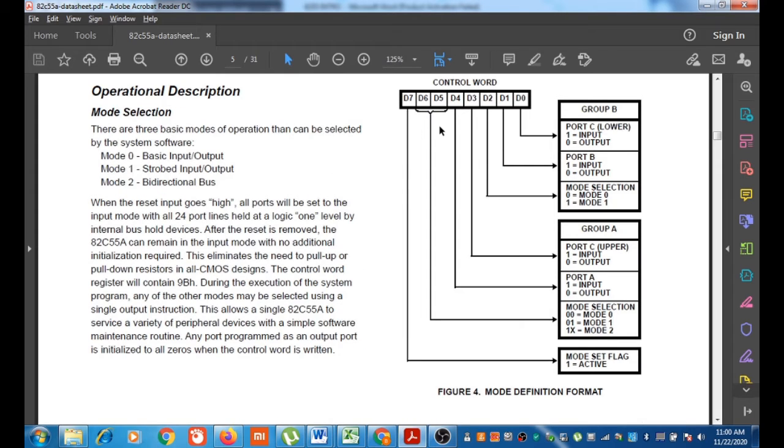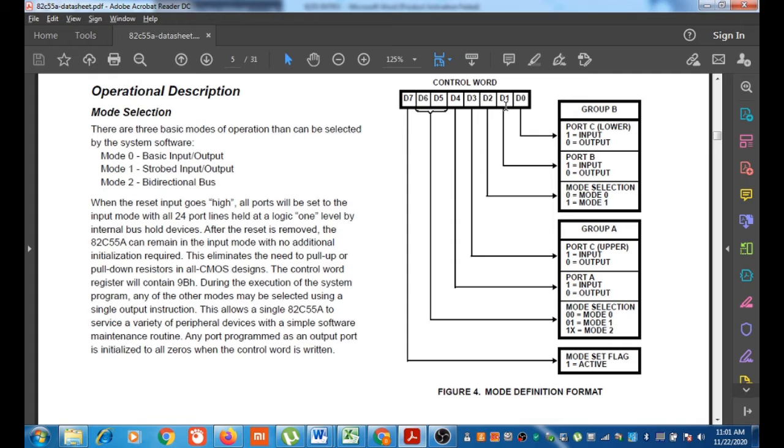And let us see the control word format of 8255A. See D0, D1, D2. These 3 bits are for group B signals. So what are group B signals? The lower part of port C, that is PC0 to PC3, and port B. Then D0 bit is used to decide whether the lower part of port C is input or output.